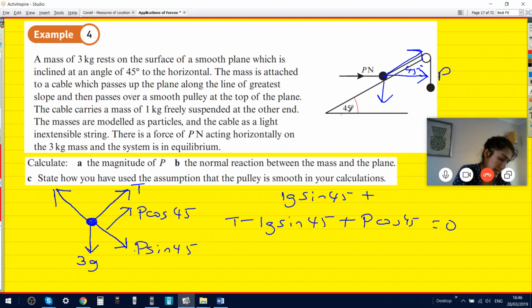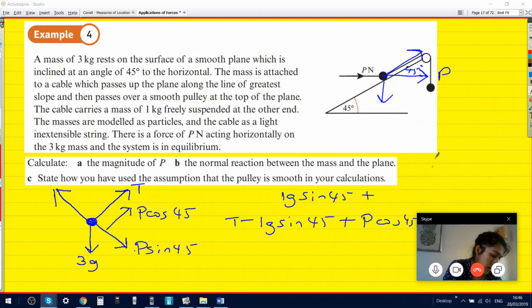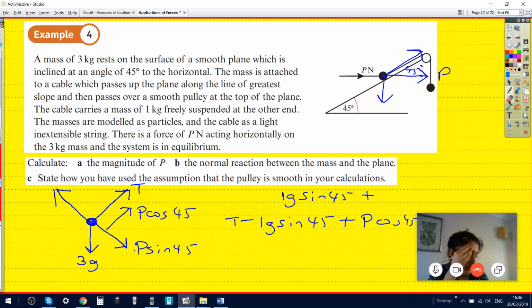Shall we do the 1 kg one first? Damn it, we messed up. That one's 3 kg. So it's 3g sin 45. So we're doing the 3 kg one first, resolving perpendicularly and parallel, and then we'll do the 1 kg one separately, because that's got like 2 things.